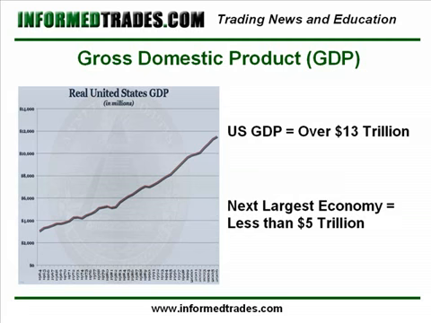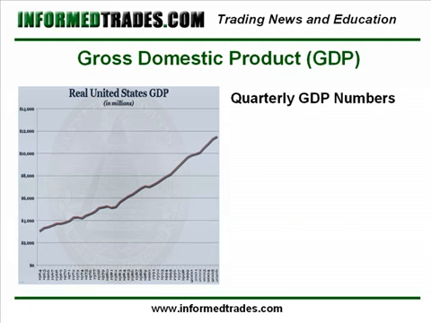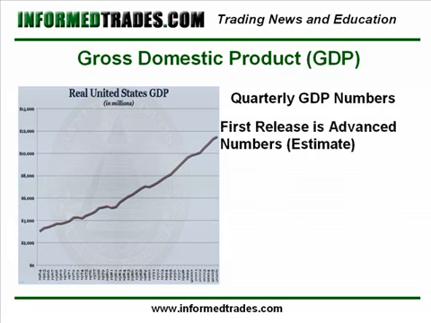Quarterly estimates of the gross domestic product of the United States are released with advance estimates, which are incomplete and subject to further review, being released near the end of the first month after the end of the quarter being reported.